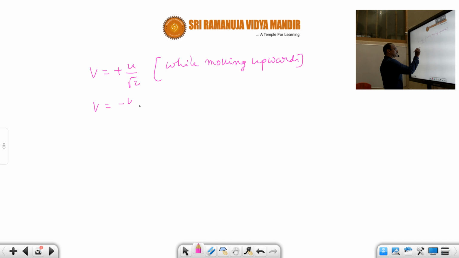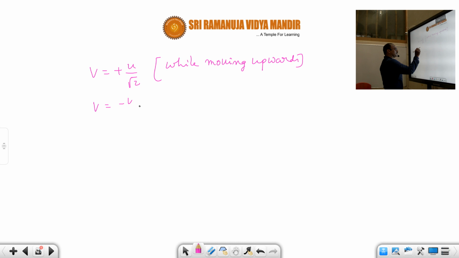An object projected vertically upwards with velocity 40 meter per second. Find the velocity at half of the maximum height.